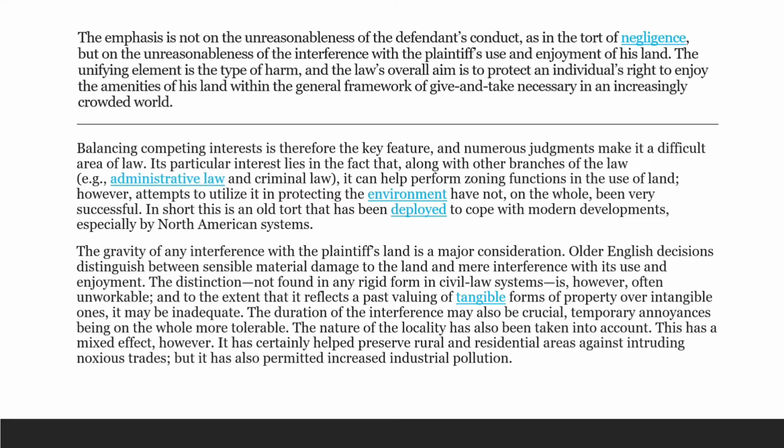The duration of the interference may also be crucial, temporary annoyances being on the whole more tolerable. The nature of the locality has also been taken into account. This has a mixed effect. It has certainly helped preserve rural and residential areas against intruding noxious trades, but it has also permitted increased industrial pollution.